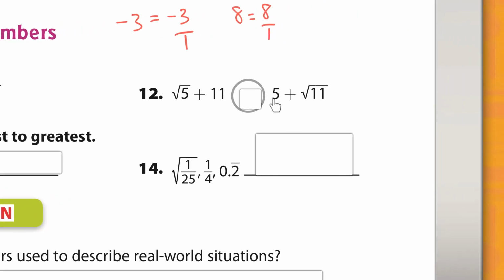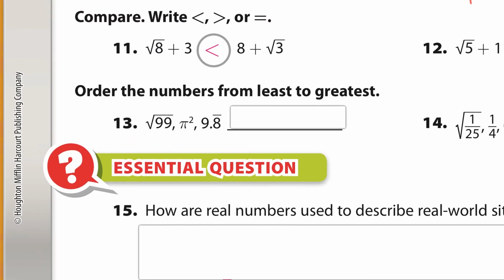You start with 5 versus starting with 11. This one's going to be way bigger. And we have that one there. See how fast that becomes. The square root of 99, boy, that's almost 100. So 99 is almost 100, which is almost 10. So that's like 9.9.